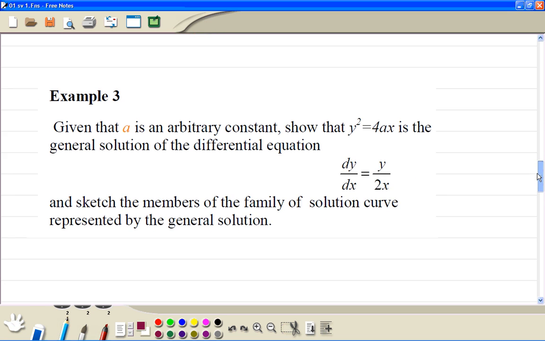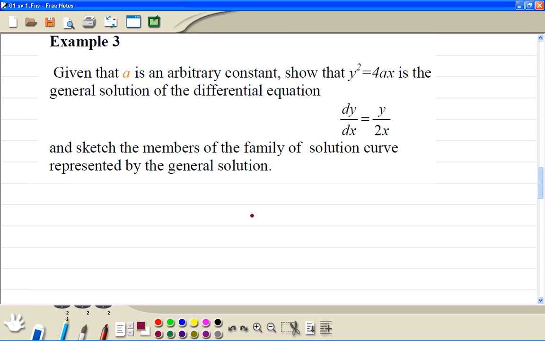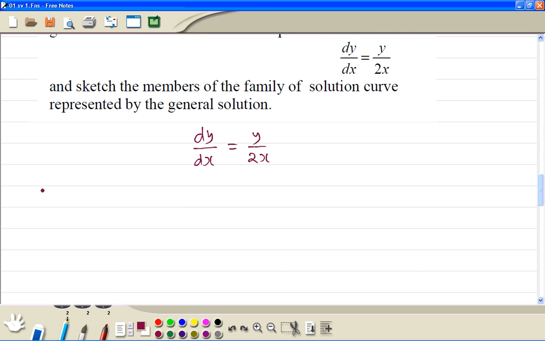Now we do example 3. So we have dy/dx is equal to y divided by 2x. If you multiply both sides by dx divided by y, we will get 1 over y dy equals 1 over 2x dx.